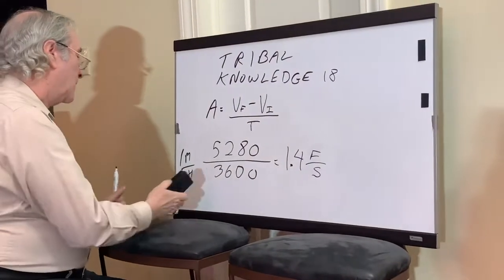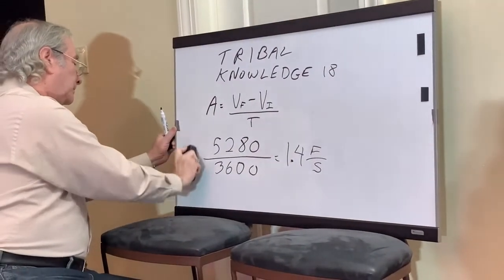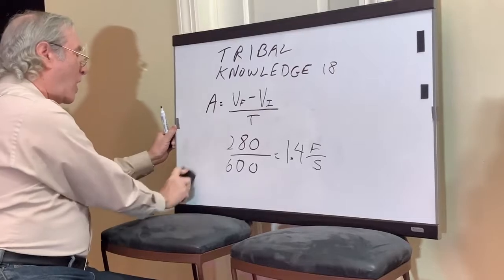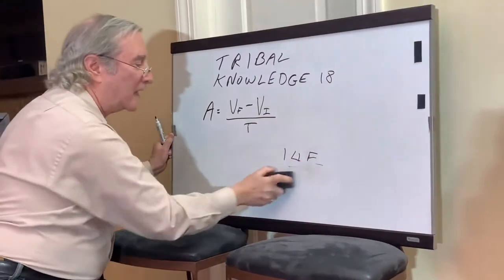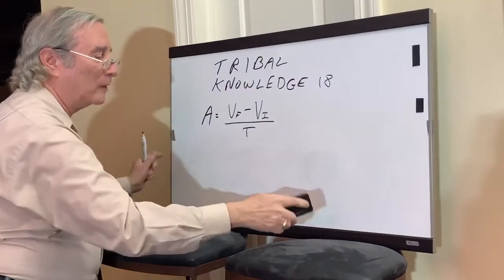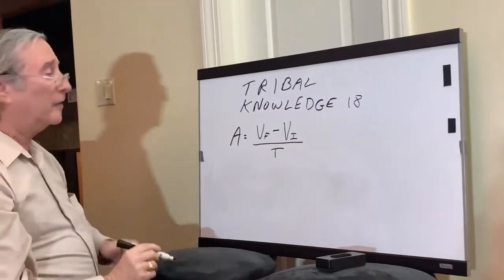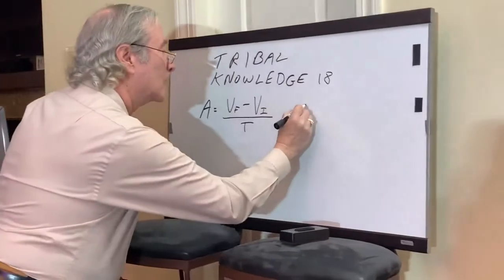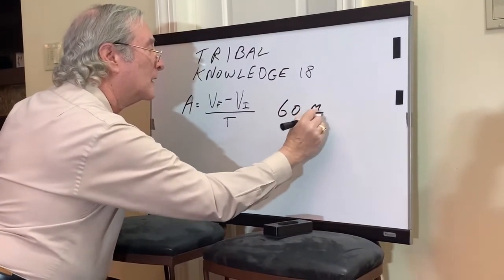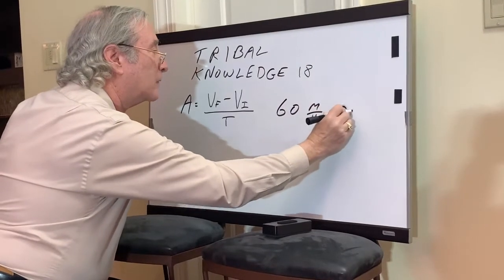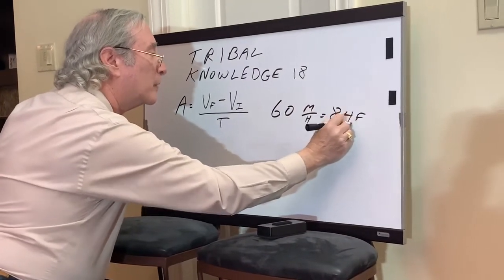So let's talk about the acceleration of a car. All you racers and gearheads out there, you always want to know about acceleration up to 60 miles an hour. So 60 miles per hour equals 84 feet per second.